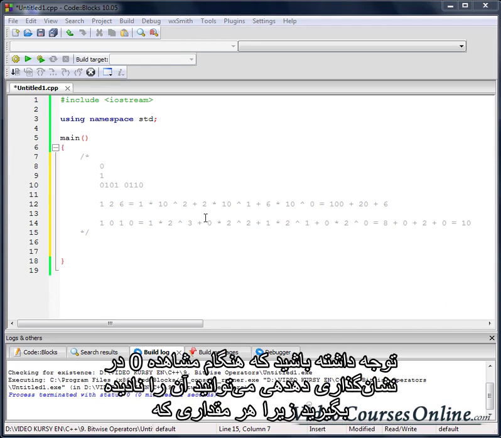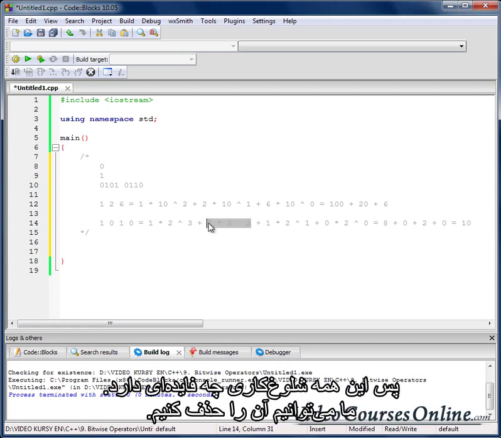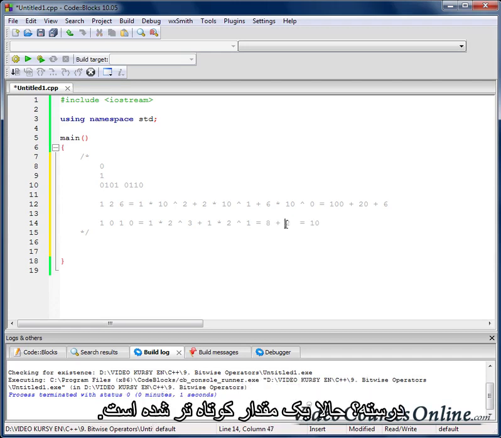You should also notice now that when you see 0 in binary notation, you can skip it, because anything multiplied by 0 is just 0. So why do so many things? You can just remove it, right?